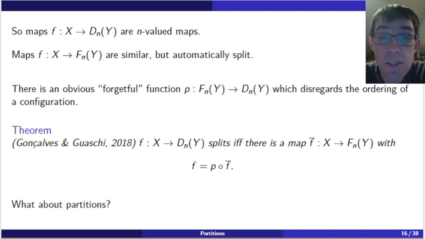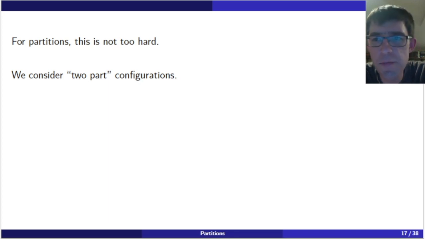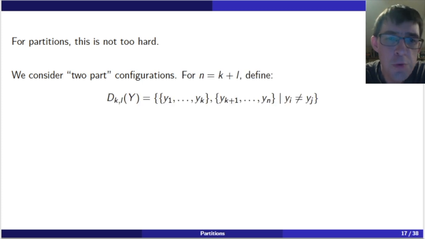All right. So I want to say something like this, but for partitions. For partitions, it's not too bad. Instead of ordered configurations or unordered configurations, we can consider something like two-part configurations. So if this is an n-valued map, but you can break the n down into two parts, say k plus l, then I'm going to define this D_{k,l}(Y). This is configurations of k different points in one group followed by l different points in a second group, such that none of those points from either group are ever equal to one another.